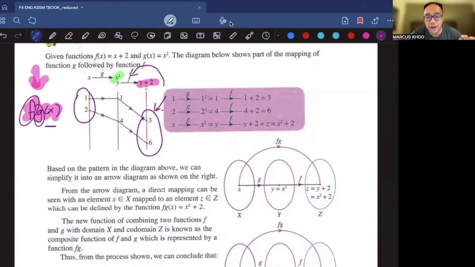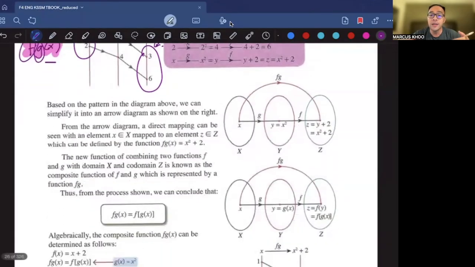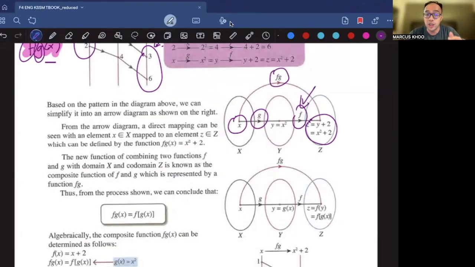Now I know it sounds very complicated, but I think these two diagrams are quite helpful for you to see it. If we're going from the original to the end over here, we call this fg, because the first function that we do is g, and then only the second function is f. So we write it as fg.